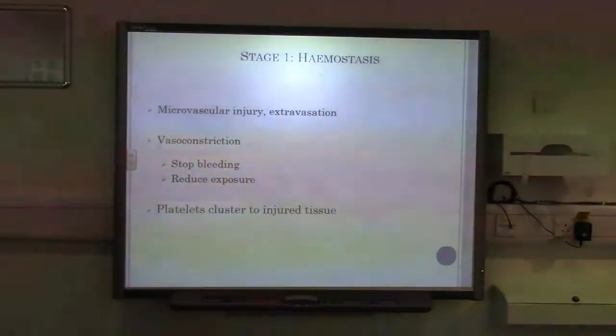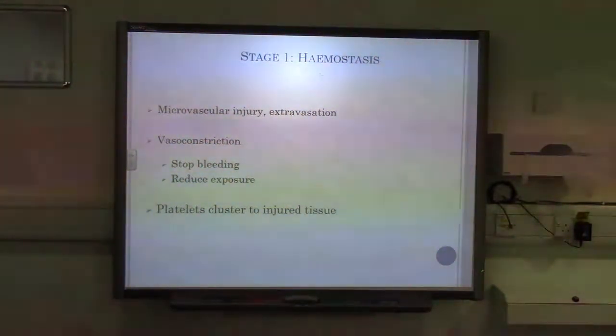First of all, when there's an injury, there's a microvascular injury and extravasation, which causes blood to leak into the site of injury, which then starts the cascade of events of normal wound healing. Initially there is vasoconstriction and blood clotting, and this is vital in starting the coagulation cascade to limit blood loss and provide the site for cell migration.